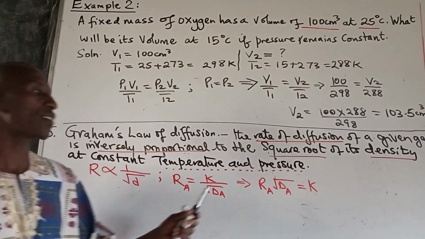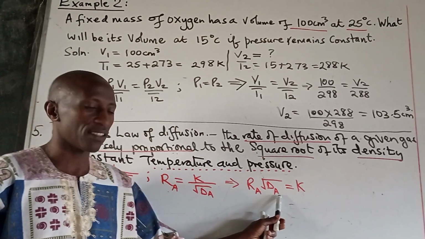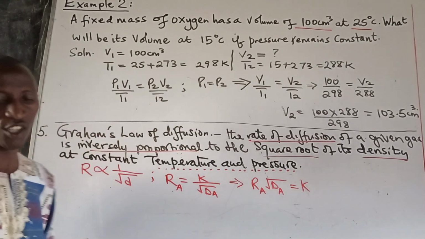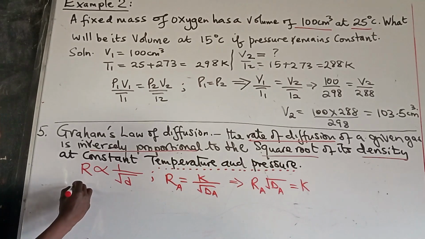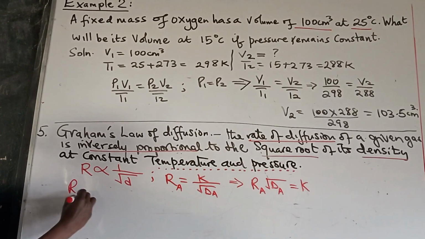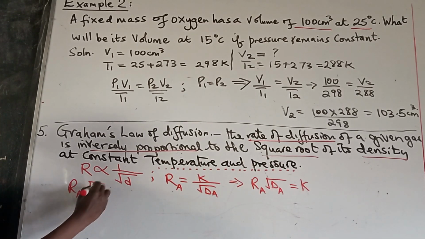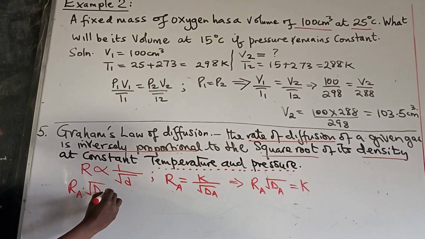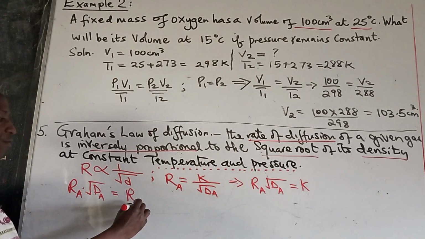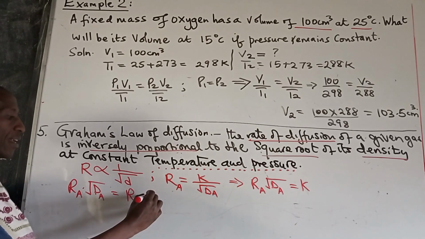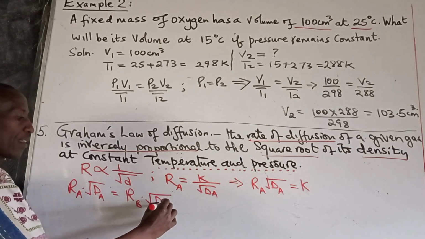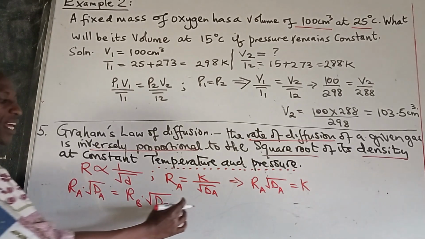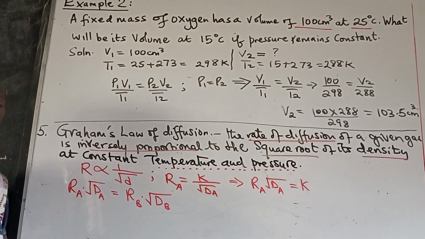We can compare a gas called A and another gas called B. How is the relationship? We can relate this as the rate of gas A multiplied by the square root of the density of A is equal to the rate of gas B multiplied by the square root of the density of gas B, and that will give us a constant.